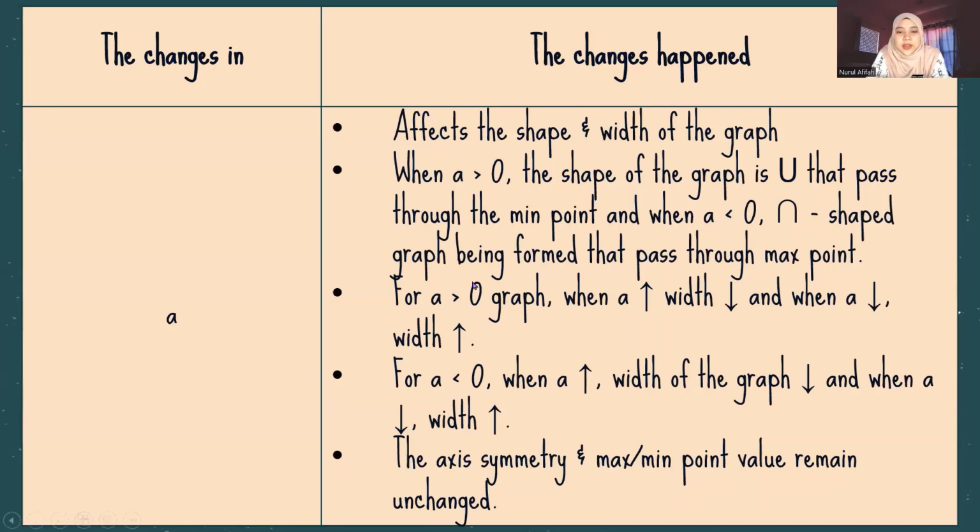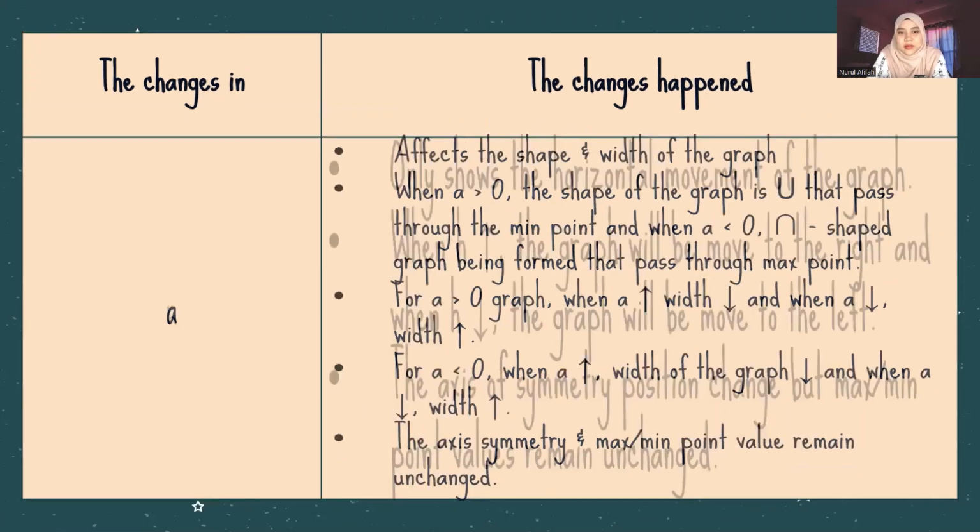For a more than 0, when a increases, the width will decrease, and when a decreases, the width will increase. For a less than 0, when a increases, the width of the graph will decrease, and when a decreases, the width will increase. The axis of symmetry and maximum or minimum point value remain unchanged.